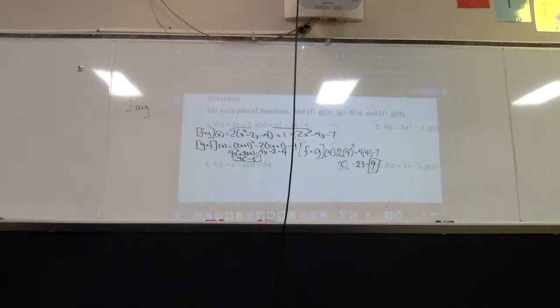And so if I'm going to compose this f function with g, then it would be 5x to the third.